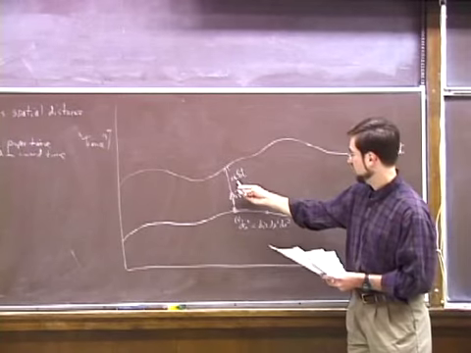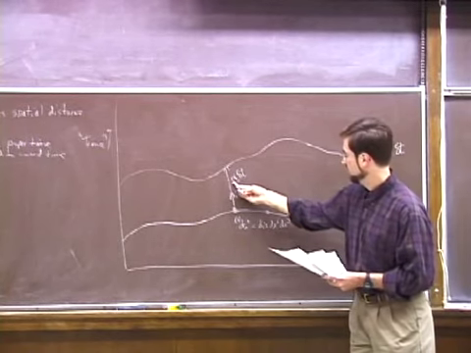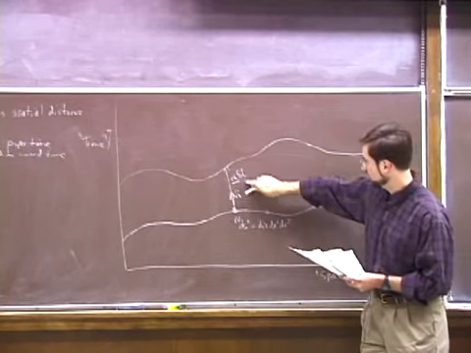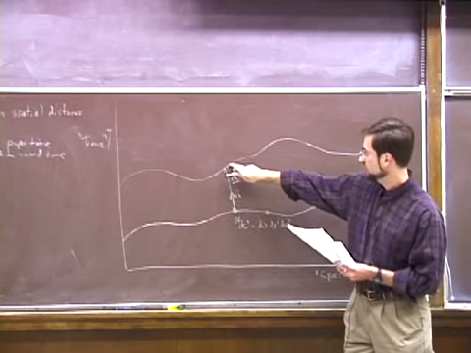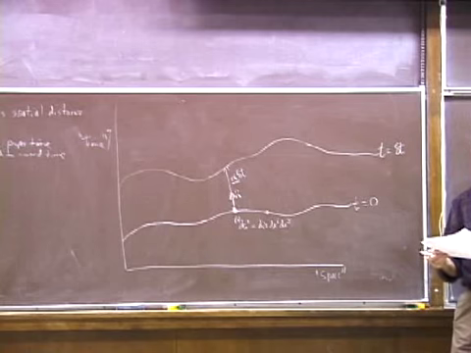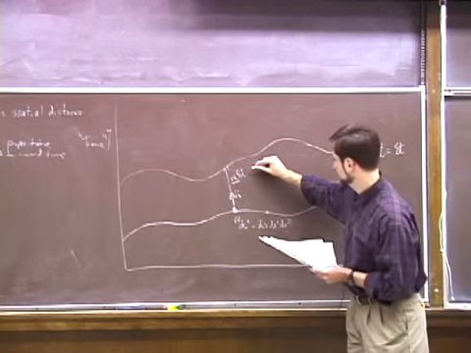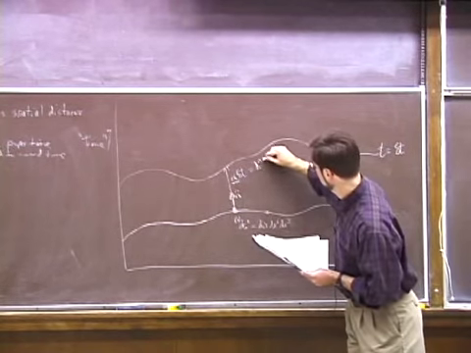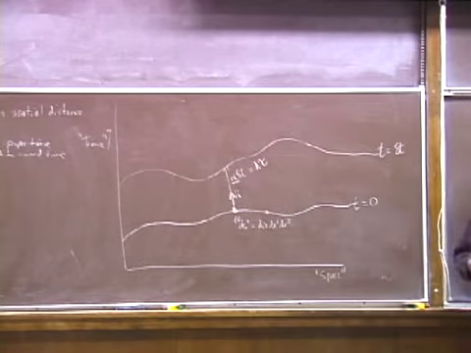So as I said there, this alpha just tells you when you go a coordinate time delta t from here to there, how much proper time has elapsed. So this is d tau at this point.